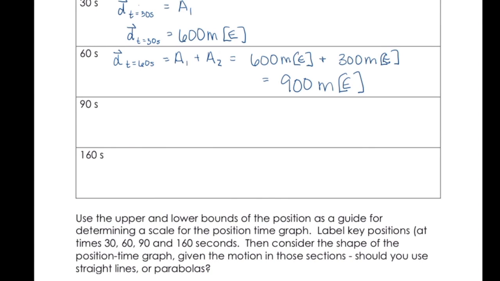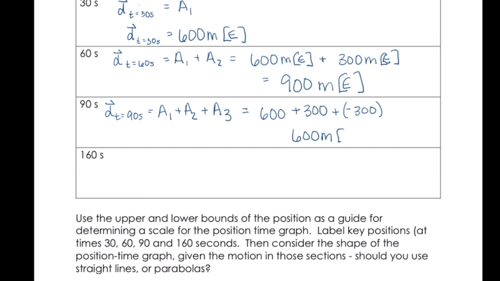So we're going to have that D at t of 90 seconds equals A1 plus A2 plus A3, which is 600 plus 300 plus negative 300 meters east. So we end up with just 600 meters east.